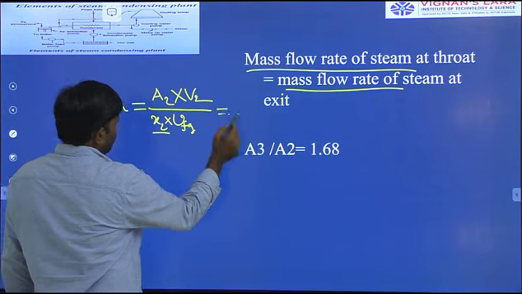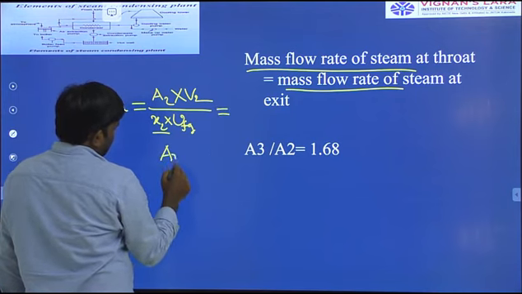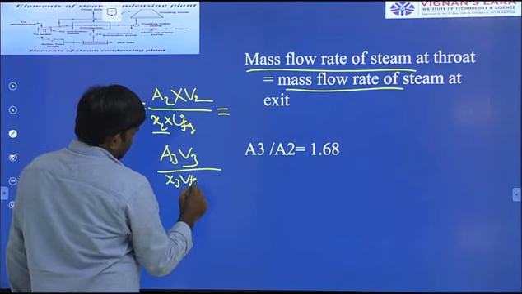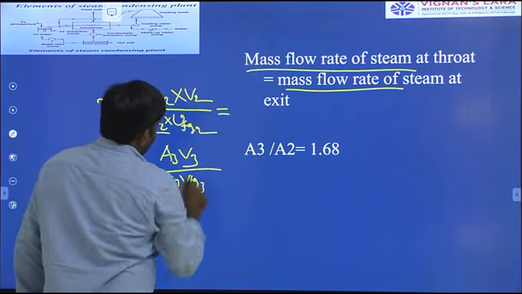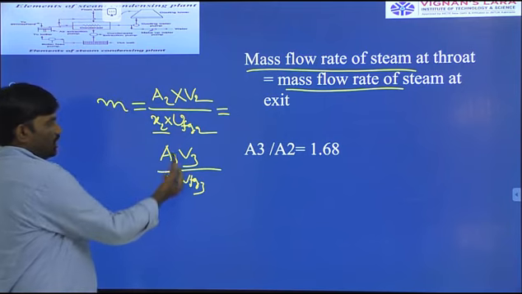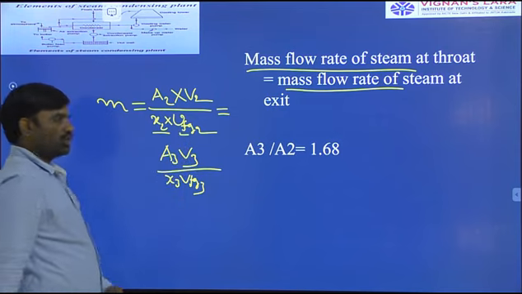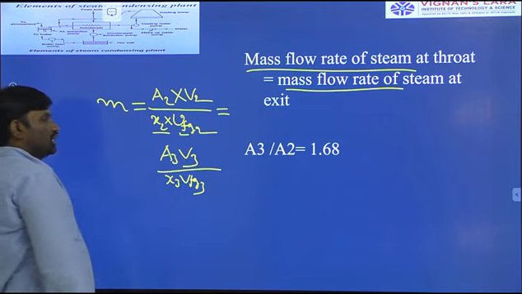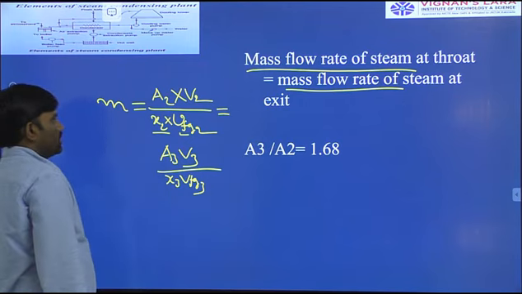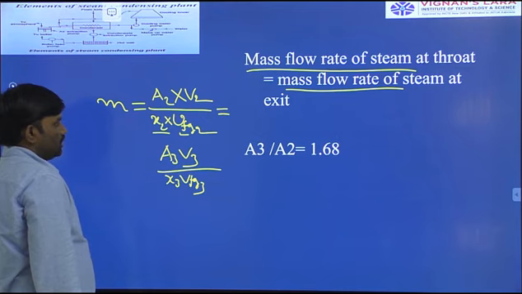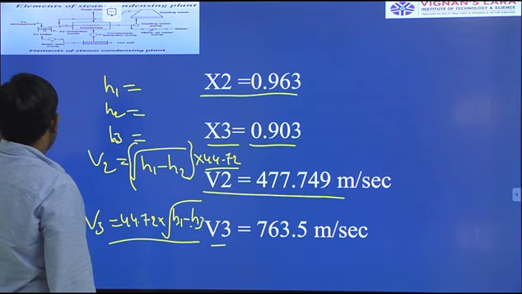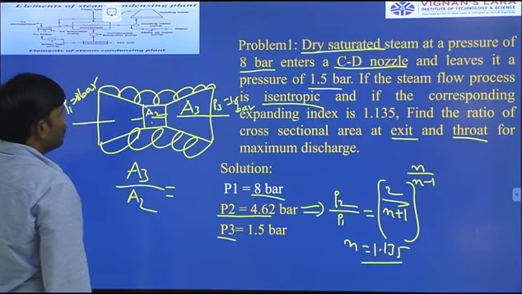And this must be equal to A3 V3 divided by X3 VFG3. At pressure P3 you have to take this VFG3, and the VFG value at pressure P2 you have to take, and substitute in this relation. In this entire equation the unknown values are only the ratio of A2 and A3, and mass flow rate also is given in the problem.